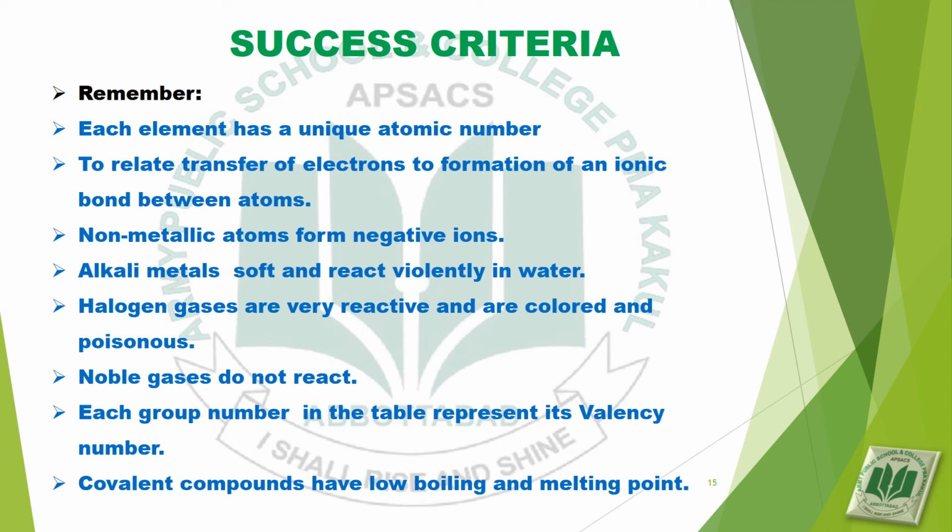Alkali metals are soft and react violently in water. Halogen gases are very reactive and are colored and poisonous. Noble gases do not react. Each group number in the table represents its valency number. Covalent compounds have low boiling and melting points.